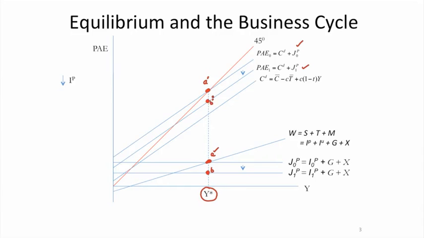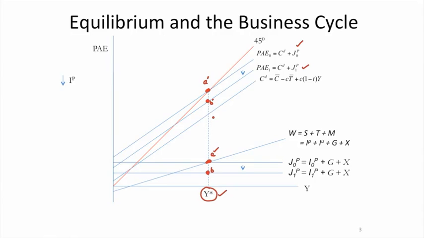Now, I repeat, nothing has yet happened to production. There hasn't been time for that to adjust yet. So in terms of production, it's still Y star. In terms of planned aggregate expenditure, however, we are now at a point B star, which is below A star.